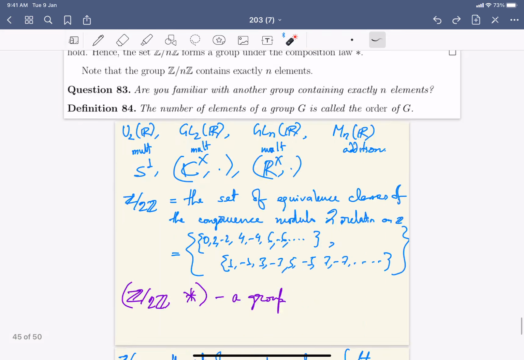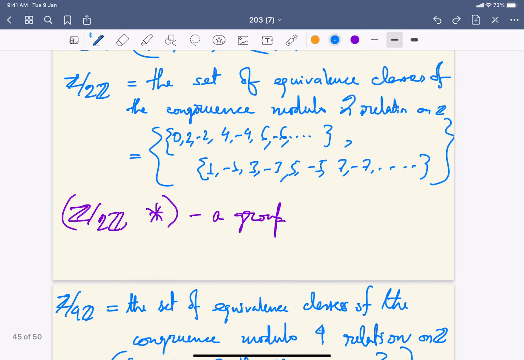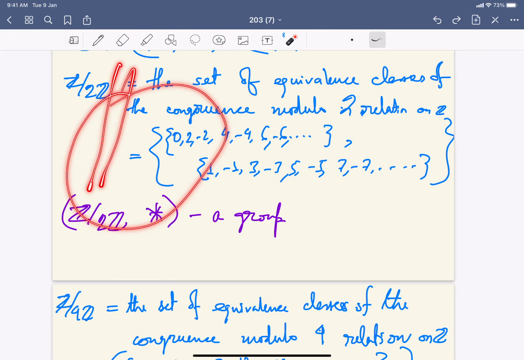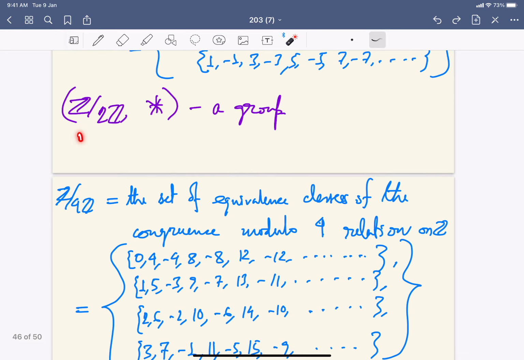Let me try to explain, because there is something a bit subtle going on. It's only about notation. For example, in the context of Z mod 2Z, that is, considering the congruence modulo 2 relation on Z, what is C0, for instance?